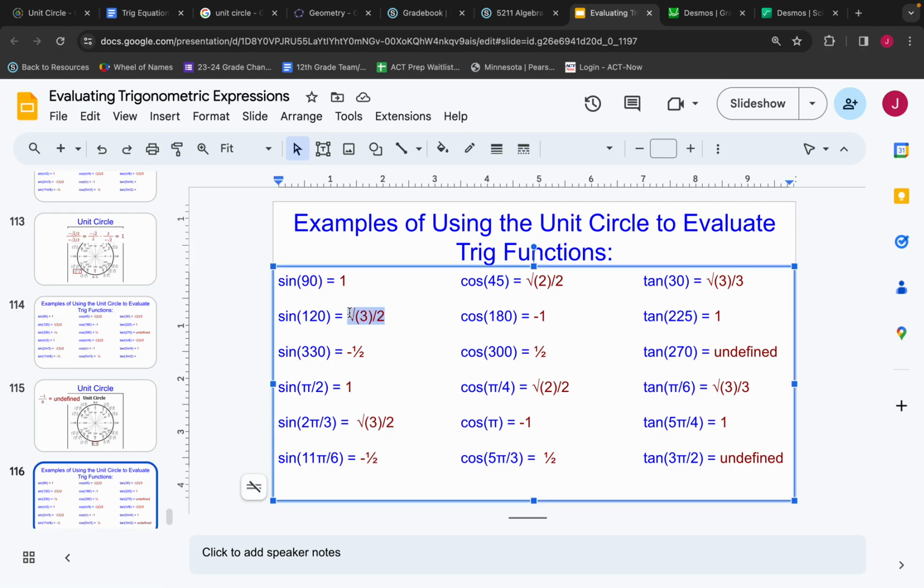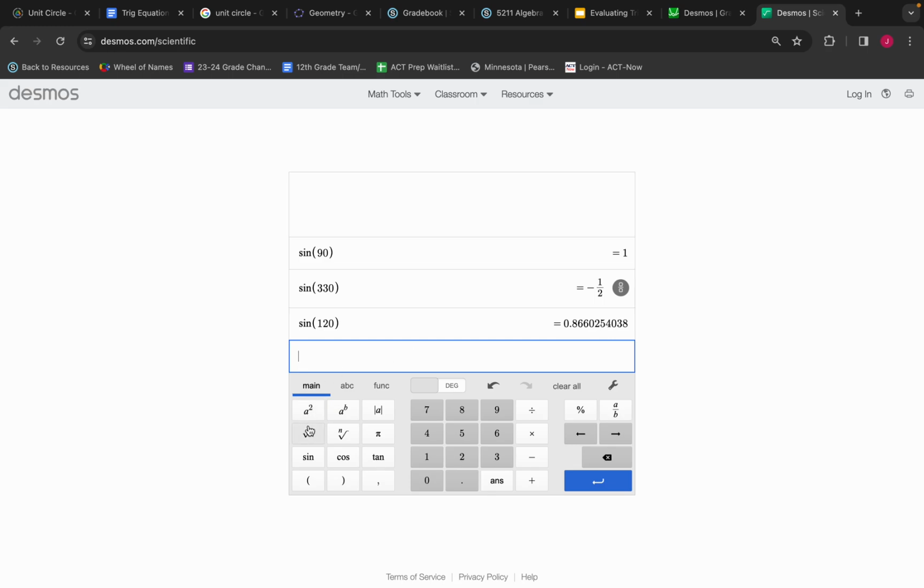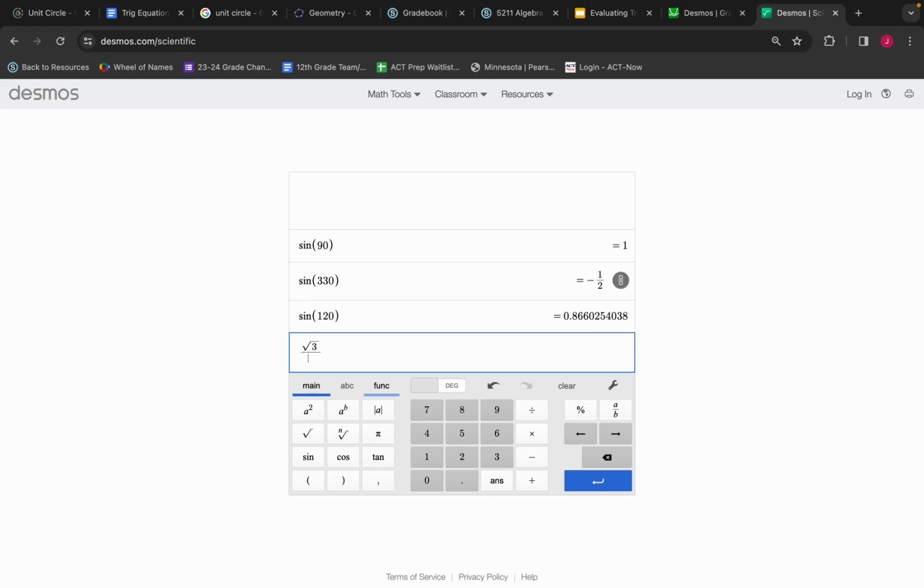It's less useful when we get an answer like this because Desmos won't spit out the answer like that. Let me show you what I mean. Sine of 120. Well, we get this long decimal here. We wanted to get square root of 3 over 2. What if we type in square root of 3 over 2? Well, that does equal 0.866.